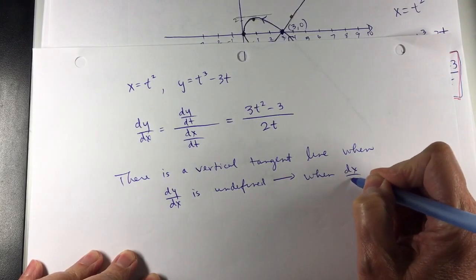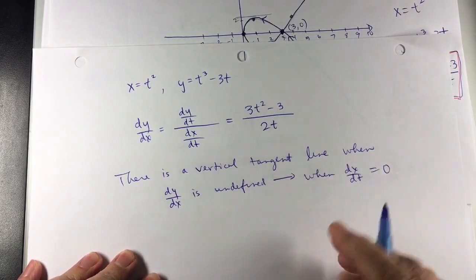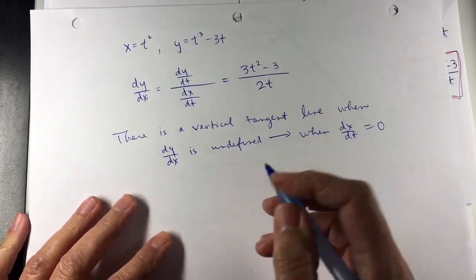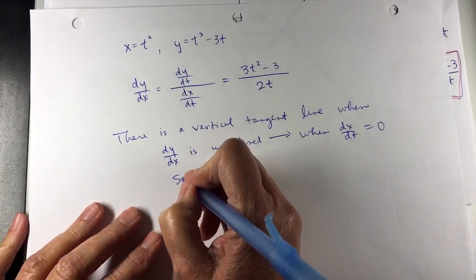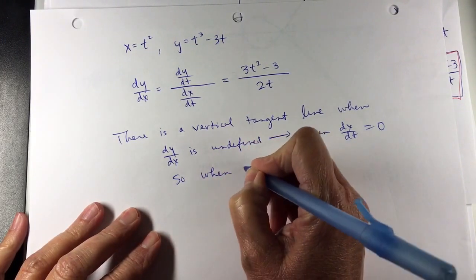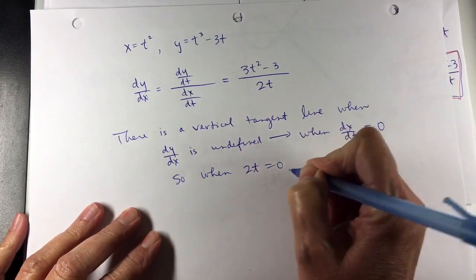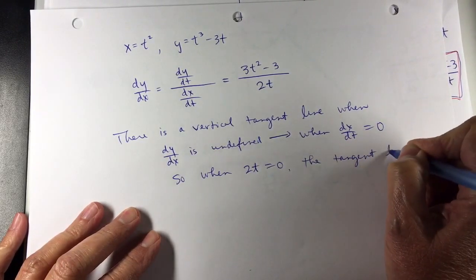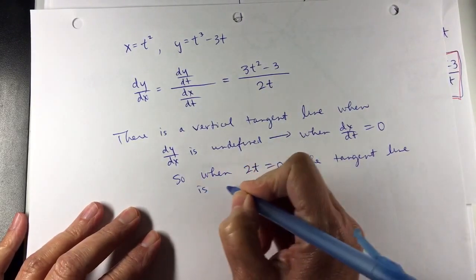When dx over dt equals 0. So that's going to be when 2t equals 0. So when 2t equals 0, the tangent line is vertical.